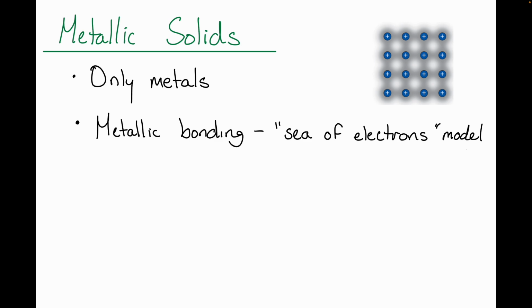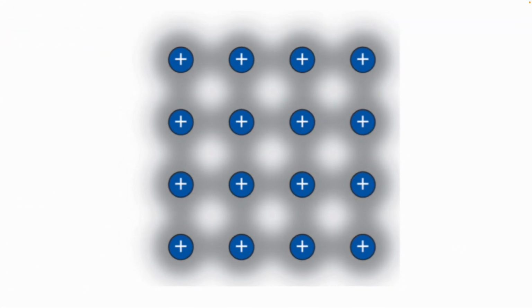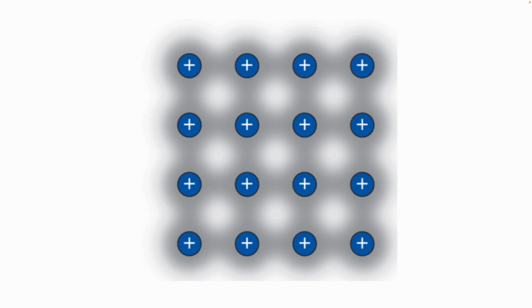If we look at our metal solid here, what we see are all these positively charged nuclei, right? So these are the very center of these atoms. Remember, the nuclei are in the center and they're positively charged. And on the outside, we have our electrons, right? So we got a bunch of electrons all over the place here.